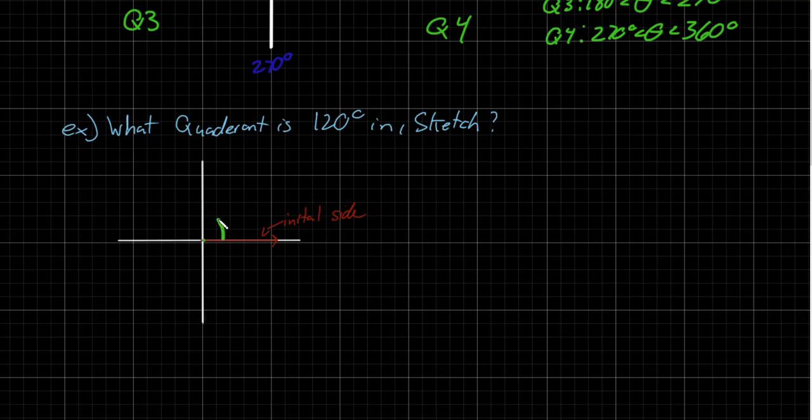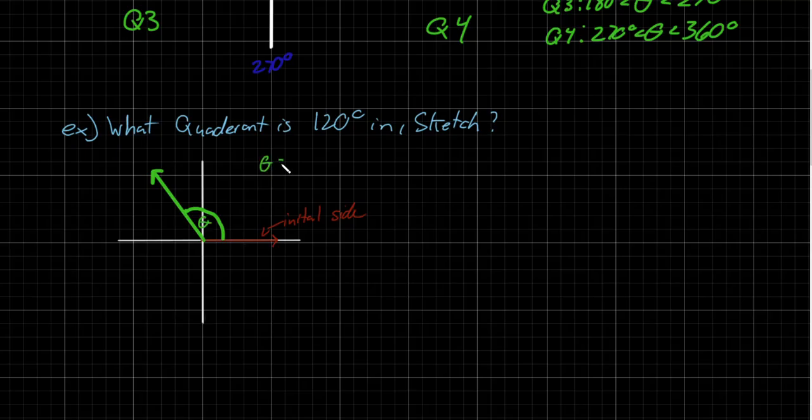Tell me when to stop. Right there? So my terminal side would be right there. What quadrant are we in? 2, I mean. And what would my theta be here?